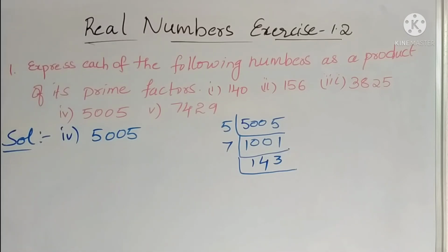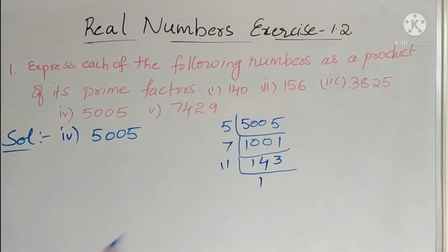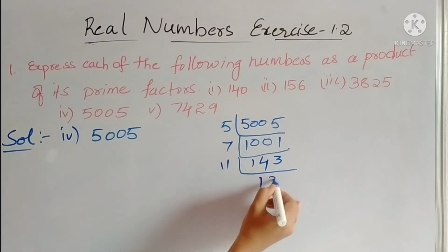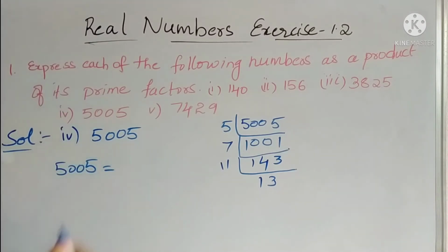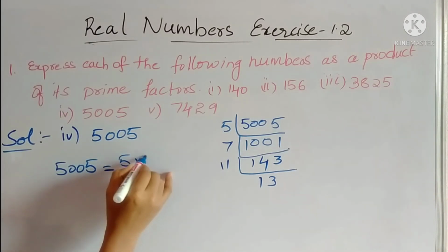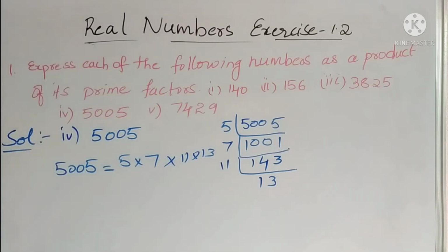That means multiples of 11. So 11 ones are 11. The remainder is 3. 11 3s are 33. So 5005 can be written as 5 into 7 into 11 into 13. Okay. So in this way we can write.